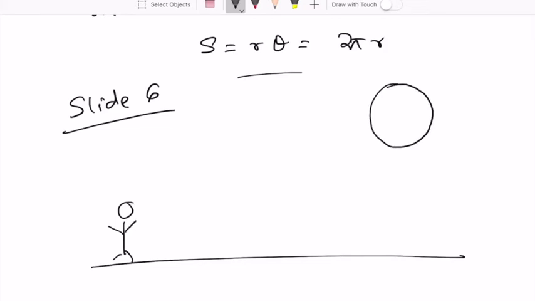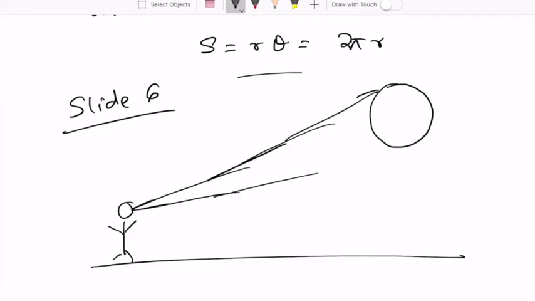The angular diameter means that you draw a straight line from the person's eye to one end of the moon, and another straight line from the person's eye to the other end of the moon, right? The angle between these two straight lines is called the angular diameter. Let's call it theta. And so theta is given to be 0.52 degrees in the problem. This angle is the angular diameter.